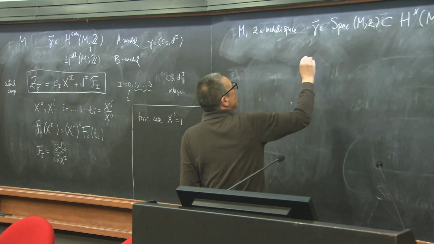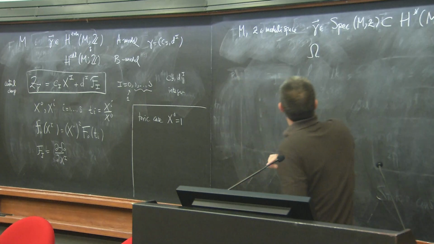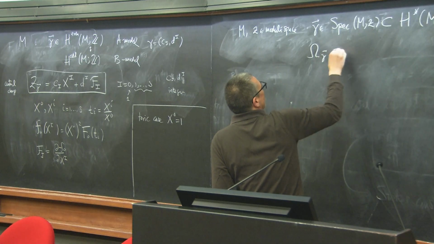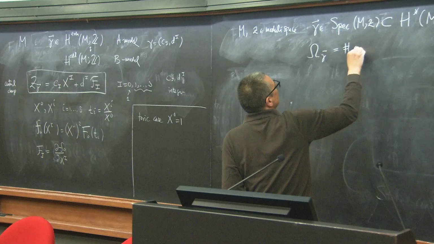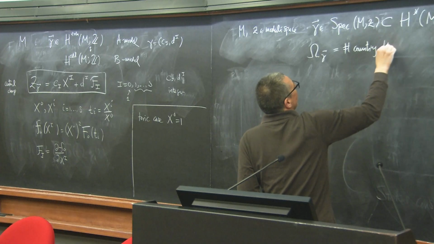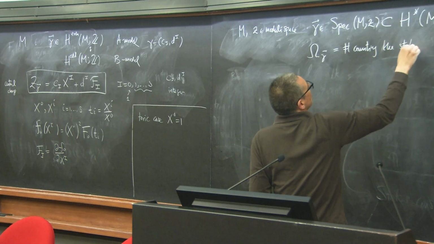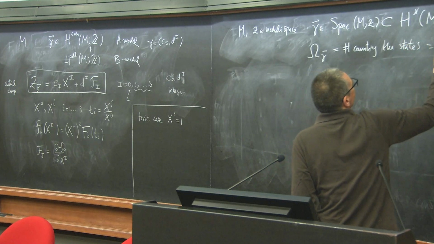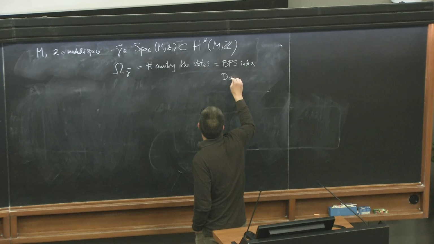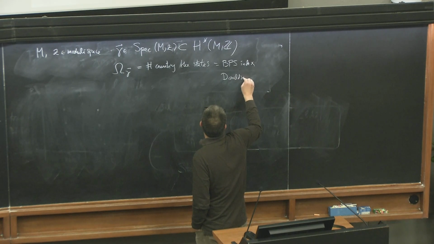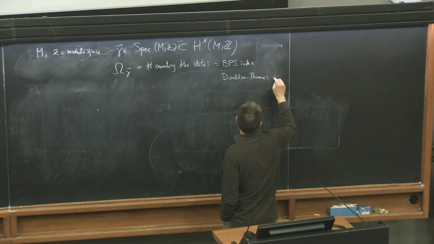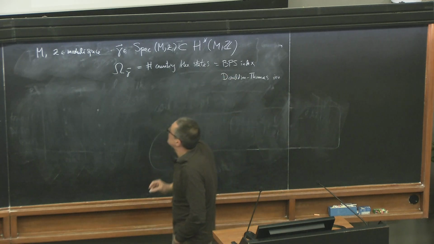And now, another important thing is that to each point in this spectrum, we can attribute a number which is essentially counting the multiplicity, okay? Counting the states. And this is sometimes called a BPS index, or in the math literature a Donaldson-Thomas invariant, which is associated to this BPS spectrum.